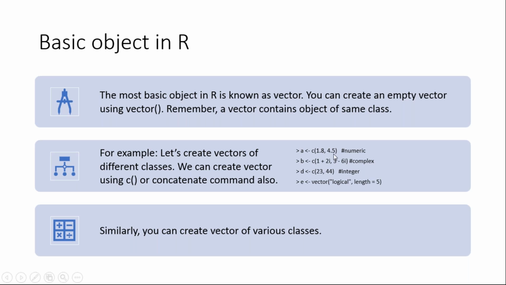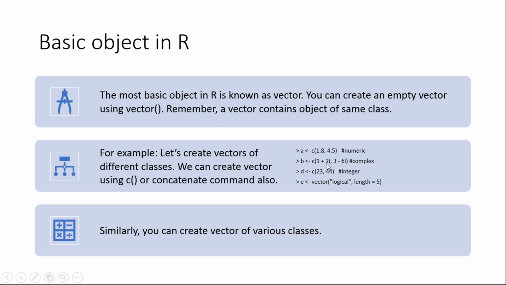Now why do we create vectors? You can store one vector for employee IDs, one vector for employee names, one vector for employee salaries, and later on we can work with these vectors. We will do that slowly, just get familiar with all these data types first. Then again B is a vector, and again we take the C function.